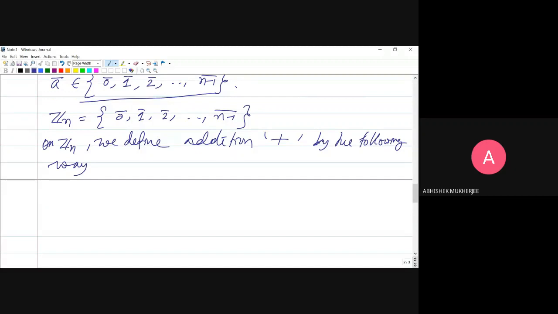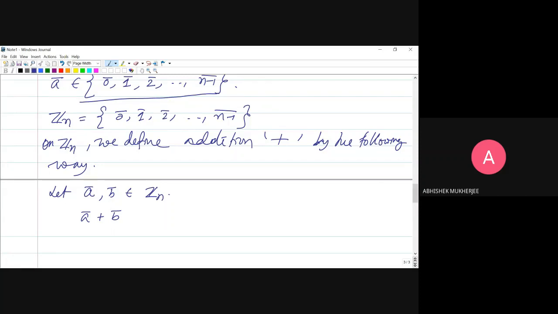Okay, what is the definition? Suppose a class, b class belongs to Zn. Then what is their sum, a class plus b class?